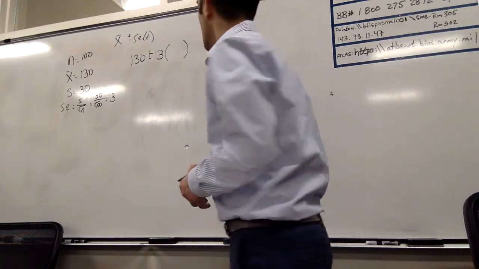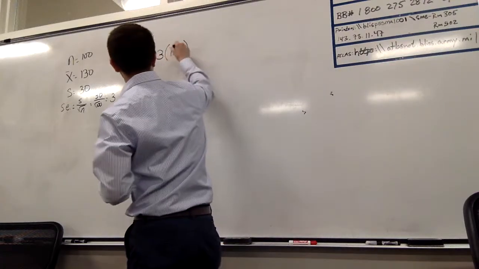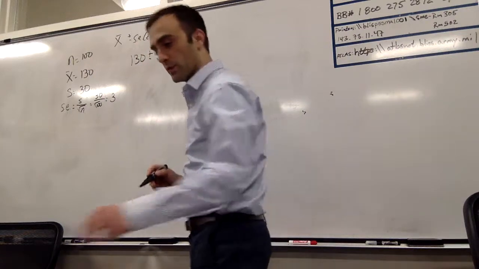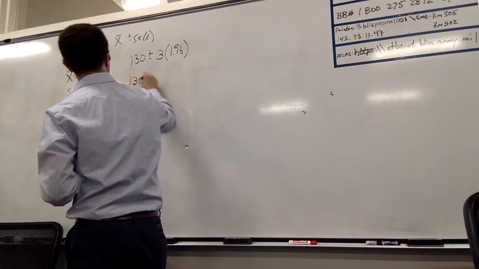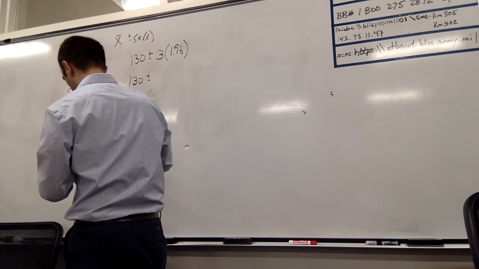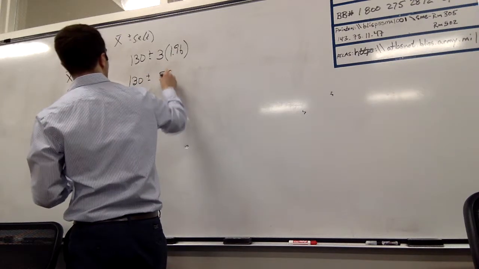times a t. For infinity degrees of freedom, it should be 1.96. So you're going to get 130 plus or minus 5.88.